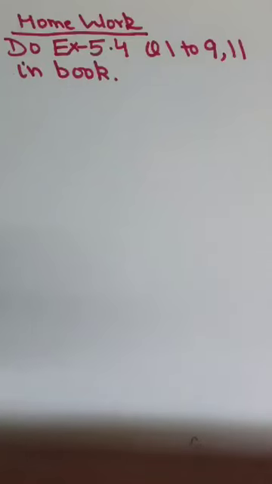Now see your today's homework. Your homework is to do exercise 5.4, questions 1 to 9 and question number 11 in the book. Means all the questions you have to do in the book, only leave question number 10. Then there is no need to do it. All the questions are very easy, beta. The first question is, what is the measure of a right angle and a straight angle?